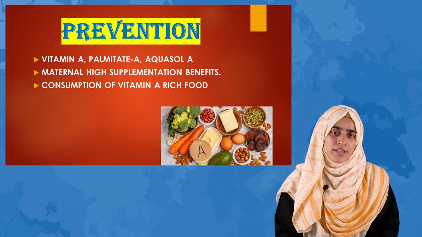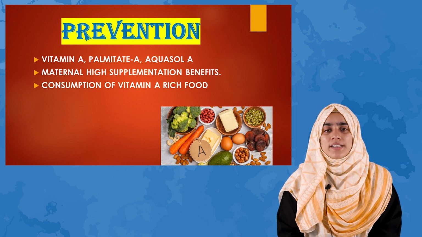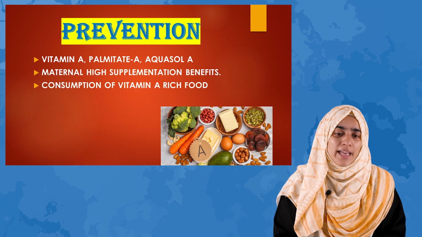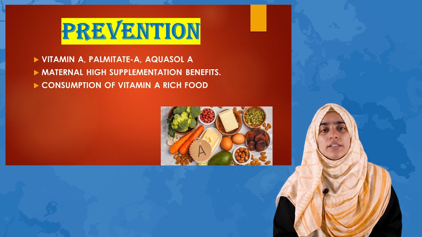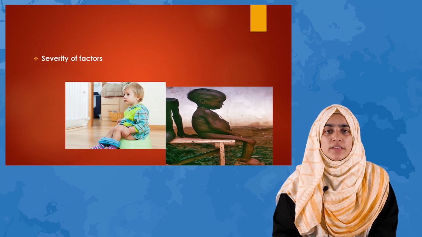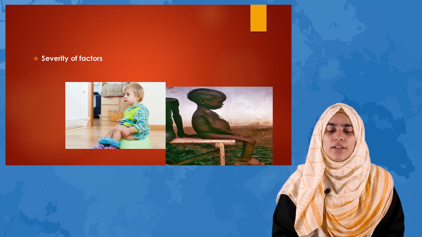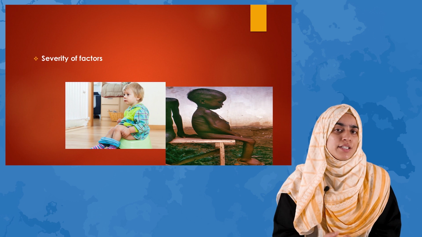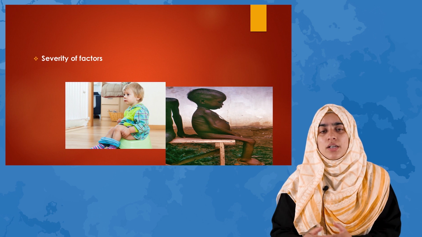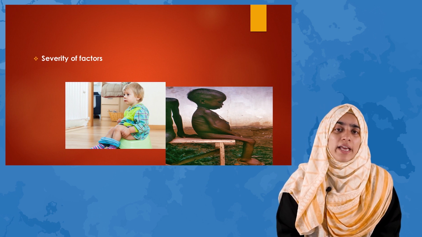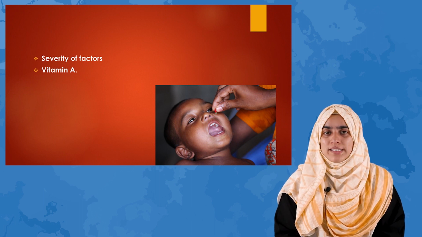And as I mentioned, increased consumption of foods rich in vitamin A, for example those of animal origin, dairy products, fish, meat, especially the liver of fish, reduces the severity as well as the factors which actually contribute towards vitamin A deficiency, for example protein energy malnutrition, malabsorption, as well as measles and diarrhea, which can lead to such deficiency. And administration of vitamin A as a part of the immunization schedule.